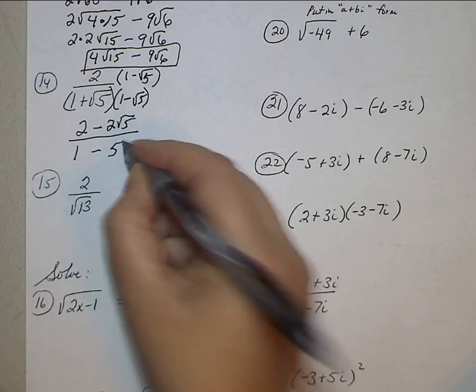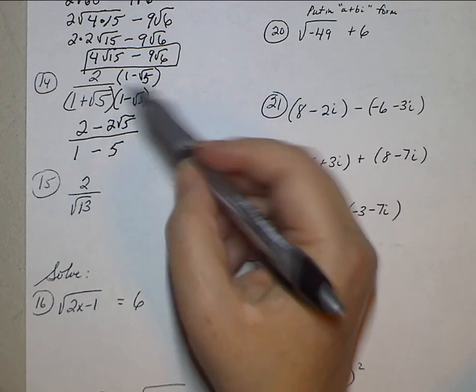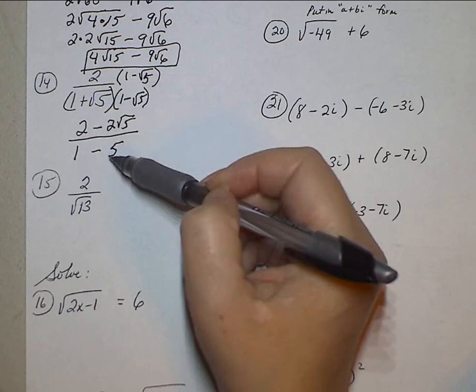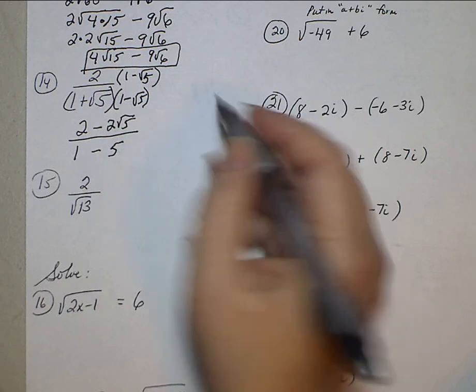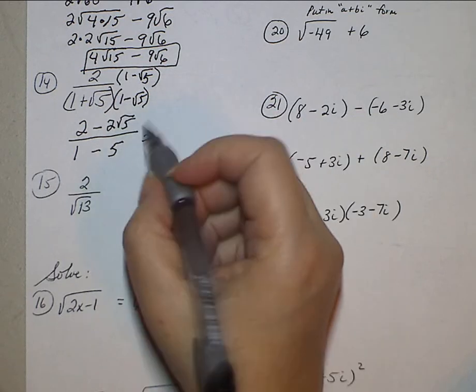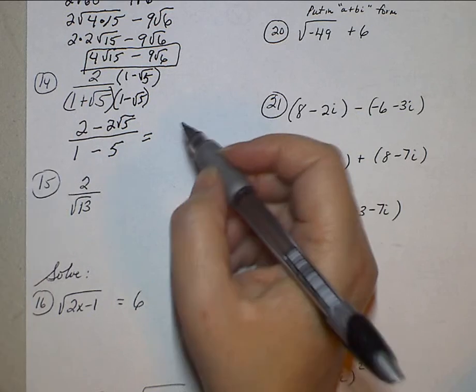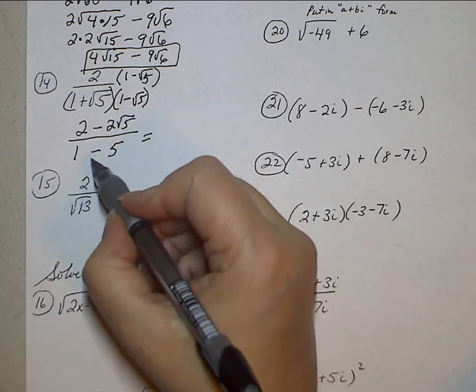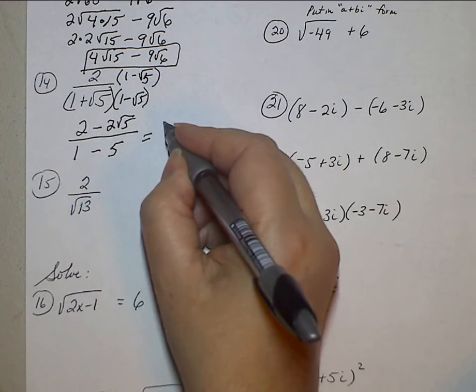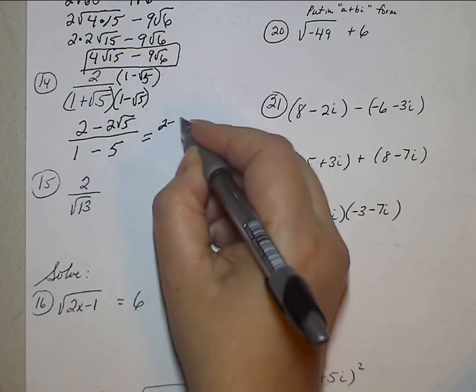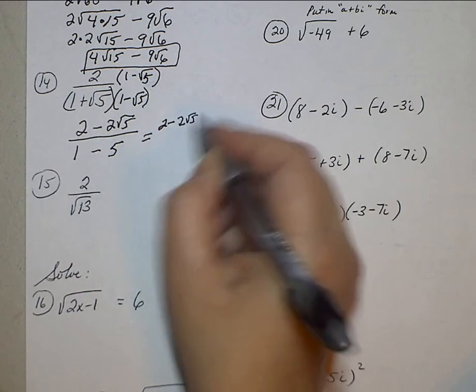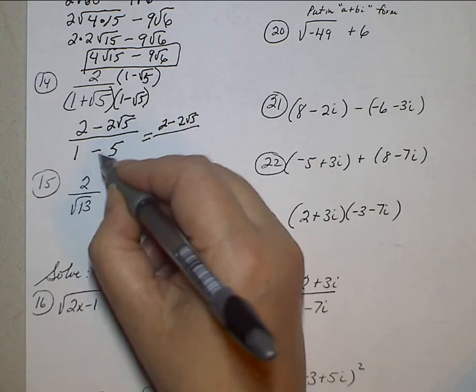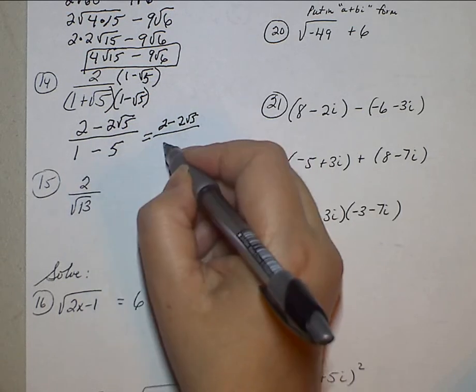Remember, because this is negative square root of 25, and the square root of 25 is 5. Then on the top we have 2 minus 2 square roots of 5. On the bottom, we have 1 minus 5, which is a negative 4.